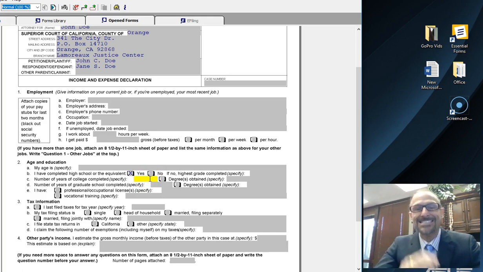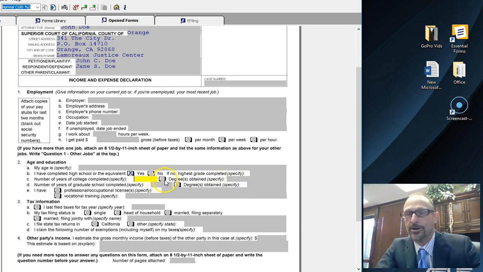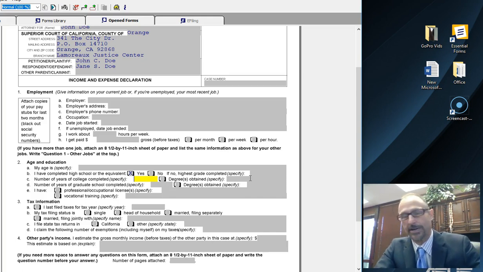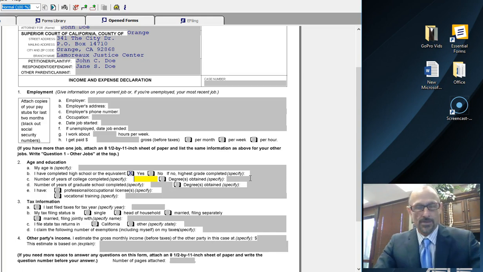And then C asks number of years of college completed. If you've completed 2 years, put 2 in there. If you have a degree, mark the degree and then mark over here AA or whatever you've got. If you don't have a degree, you can put 2. I've seen everything. I've seen people that had 5 years of college but no degrees. All right, so then under D, number of years in graduate school.